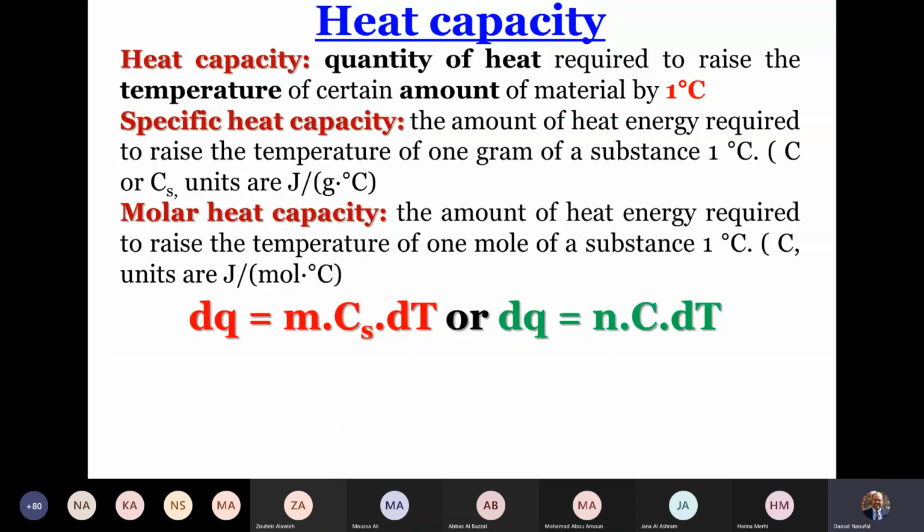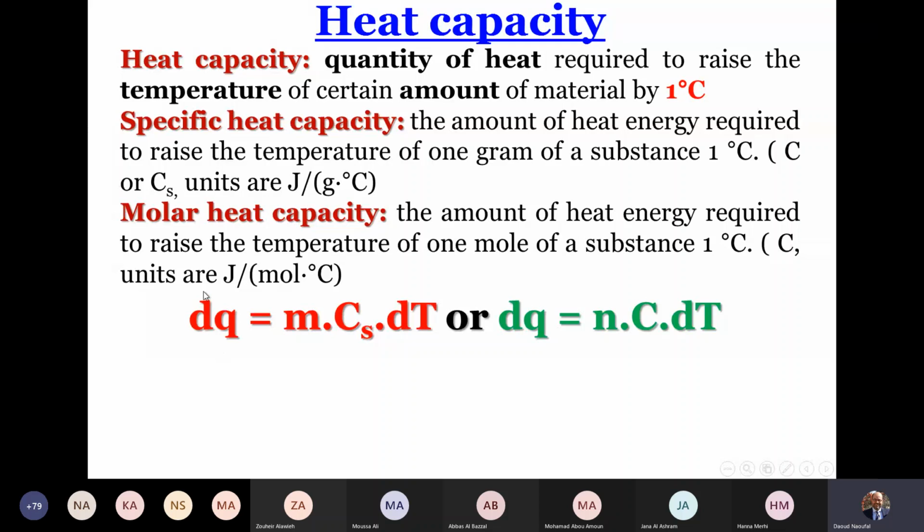This metallic piece will absorb energy from the heater and the temperature of the substance will increase. The increase of the temperature depends on the quantity absorbed. The quantity absorbed by the system is Q, and the variation of the temperature is dT.